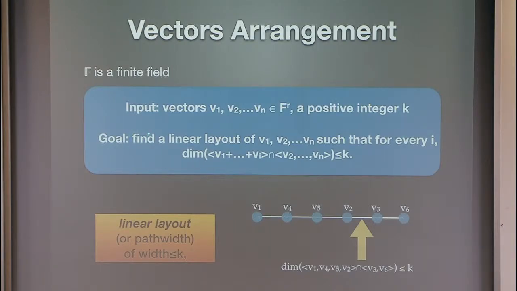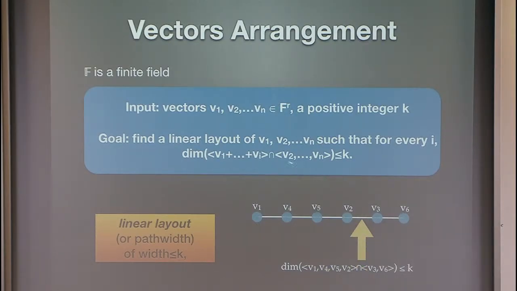The goal is to find a linear layout, like a permutation or linear ordering, of these vectors which satisfies the following property. When you have a linear ordering of these vectors, you want the order of the gap, for any gap between vectors, to be small.